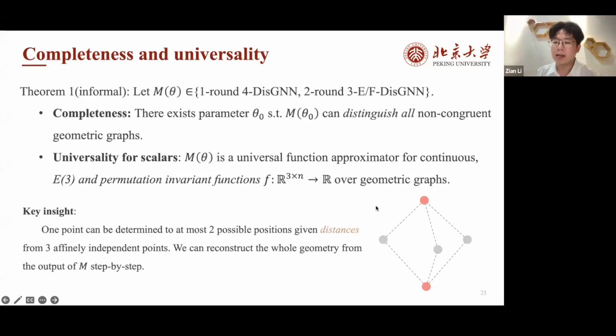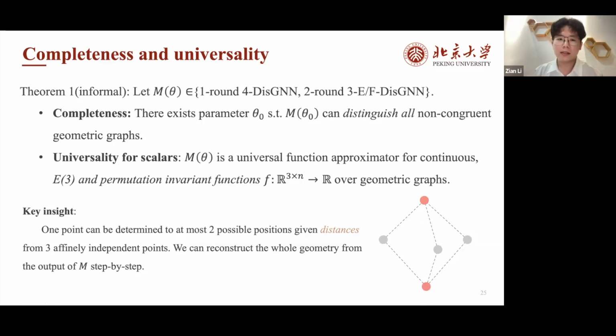You can see the red figure. If we know the distances from the red node to the 3 green nodes, we can actually determine its position to these 2 possible positions. And actually, we can eliminate one fake position and maintain one real position in some way, and we can then reconstruct the whole geometry from the output of M in a step-by-step manner.